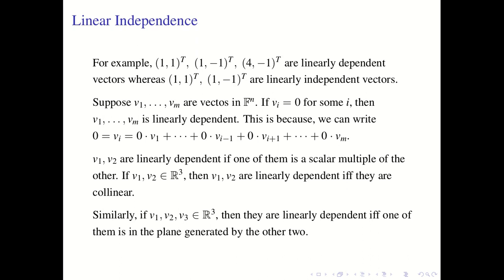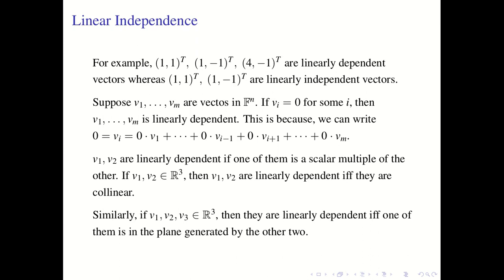Similarly, if you take three vectors in R3, when are they linearly dependent? If one of them is a linear combination of the other two. So if you take two vectors and take their linear combinations, what you get is the plane containing these two vectors.